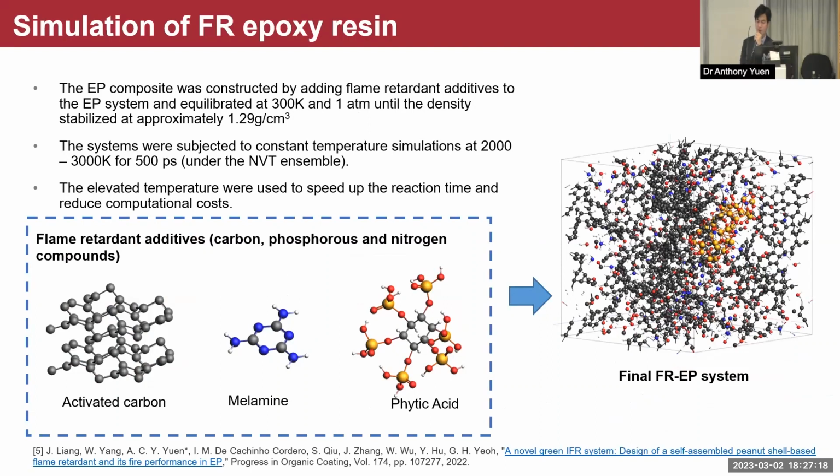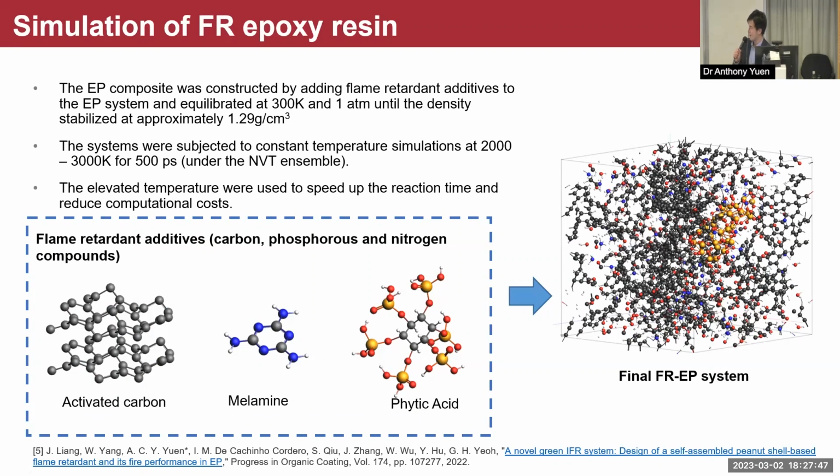What we can do here as well is, again, benchmark this structure with and without flame retardant. But this time we select a so-called activated carbon. The reason is that one of my students discovered this carbonized peanut shell structure, which is similar to a graphene type of structure.